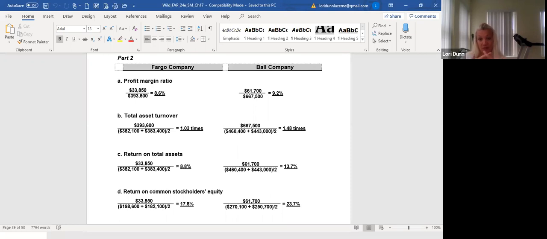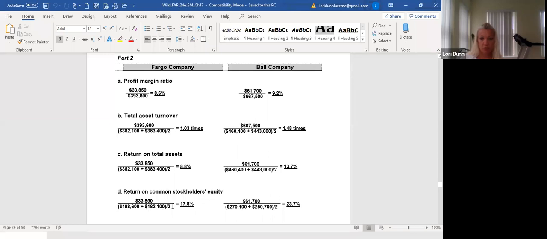Because remember, the company makes net income for preferred stockholders and common stockholders. But since there are no preferred stockholders, we don't have to subtract any preferred dividends. So all the net income is going to this one type of owner, the common stockholder.